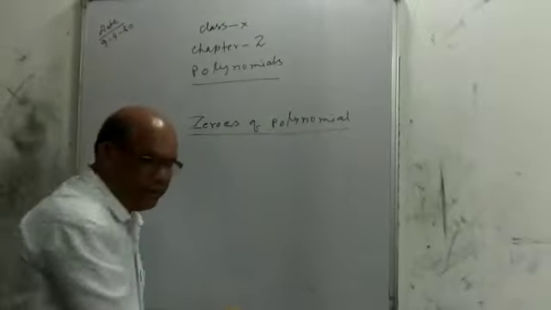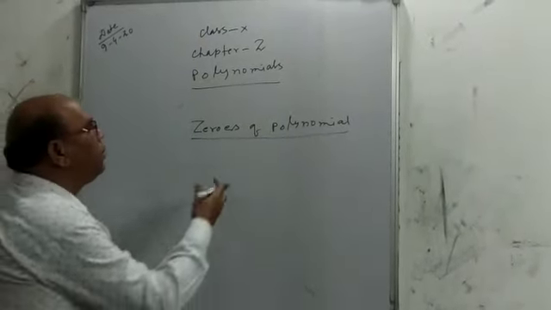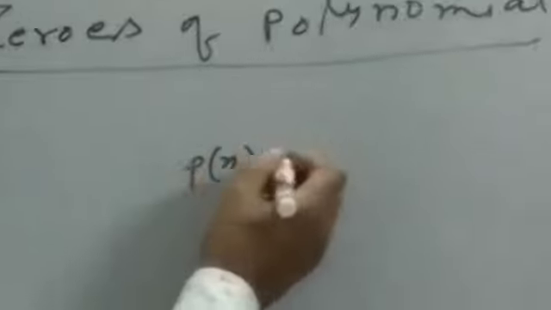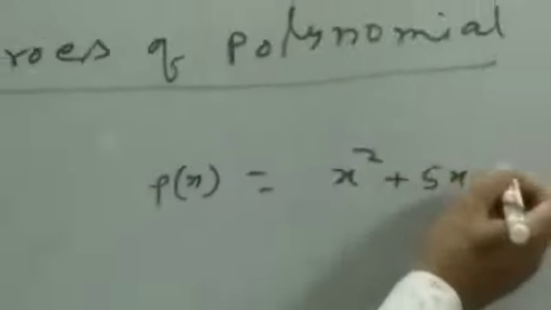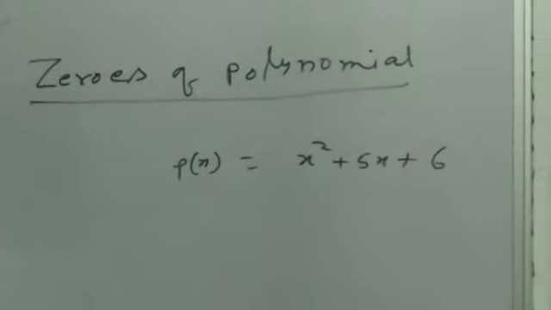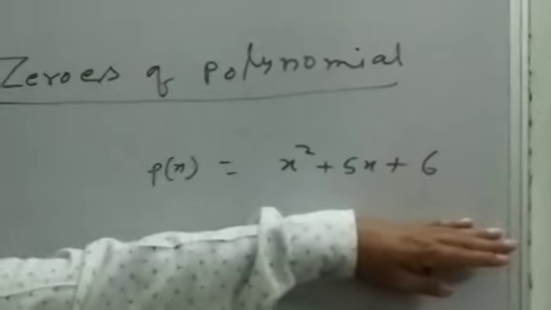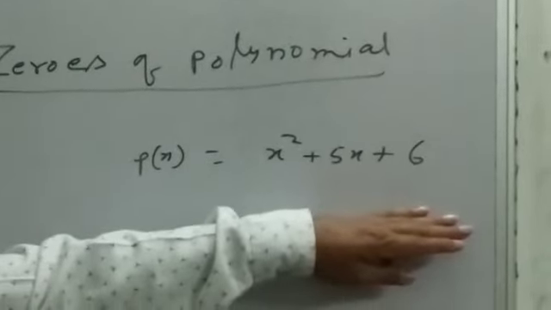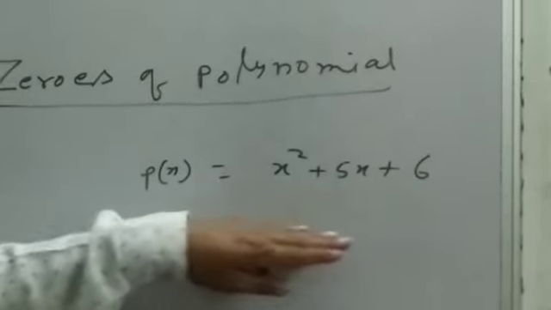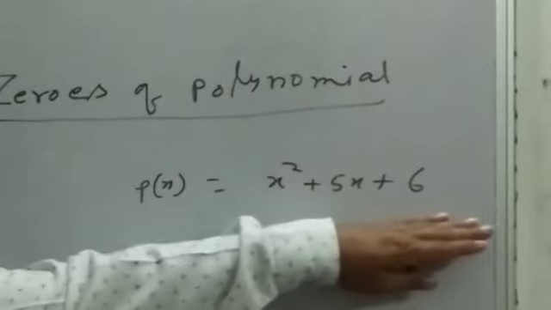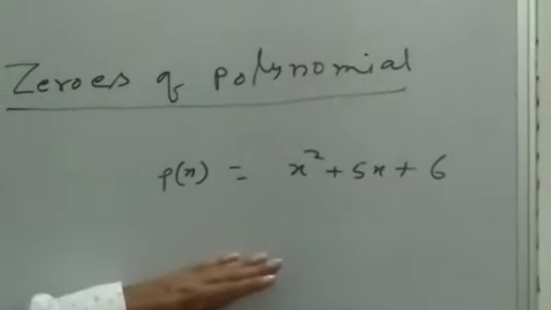Another example, suppose a polynomial p(x) is x square plus 5x plus 6. x square plus 5x plus 6 is a quadratic polynomial, so there are two zeros. Now different methods are there to find the zeros of a polynomial.